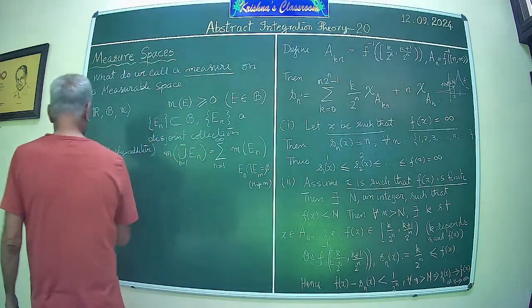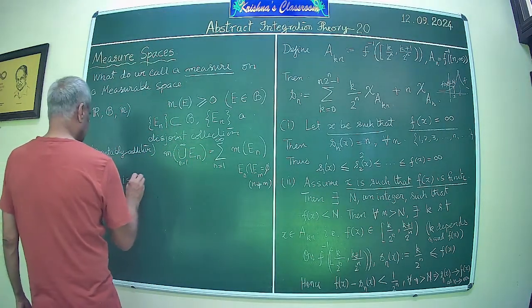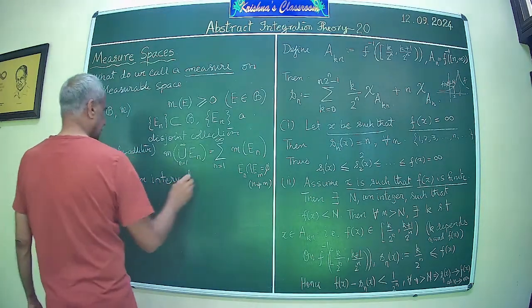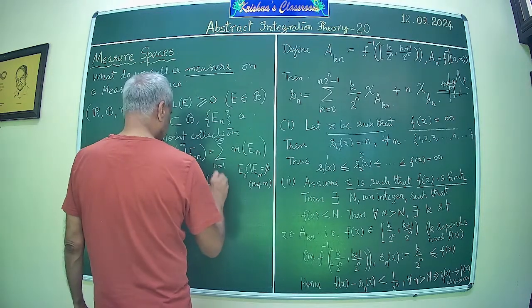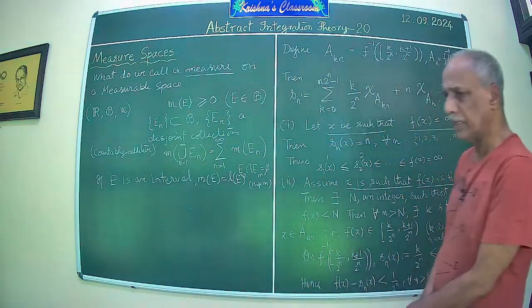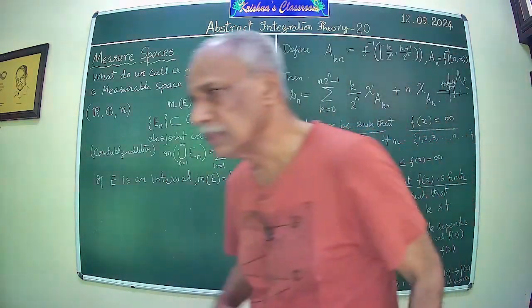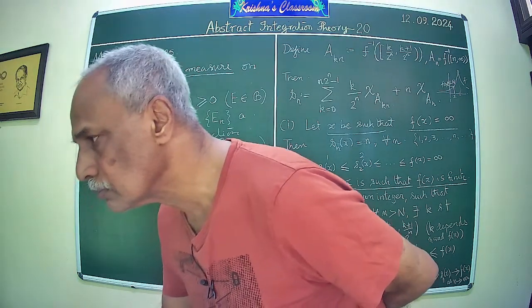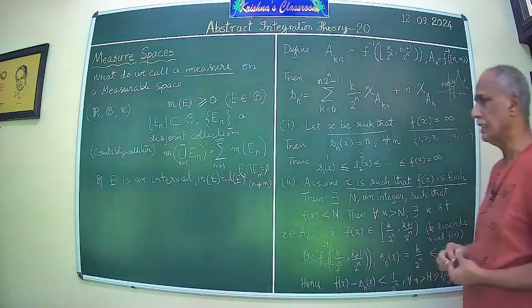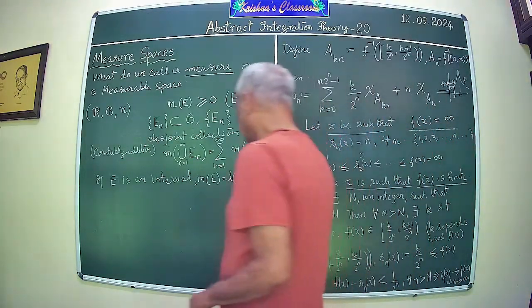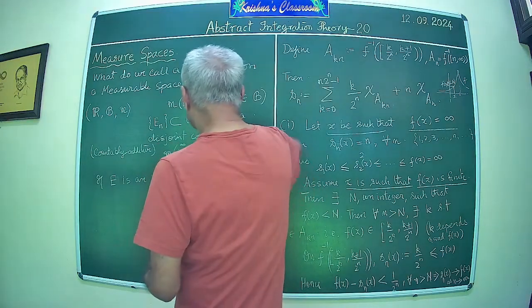So if E is an interval, the measure of E is the length of E. That was another condition that we have imposed, right? So we are now trying to generalize this idea.